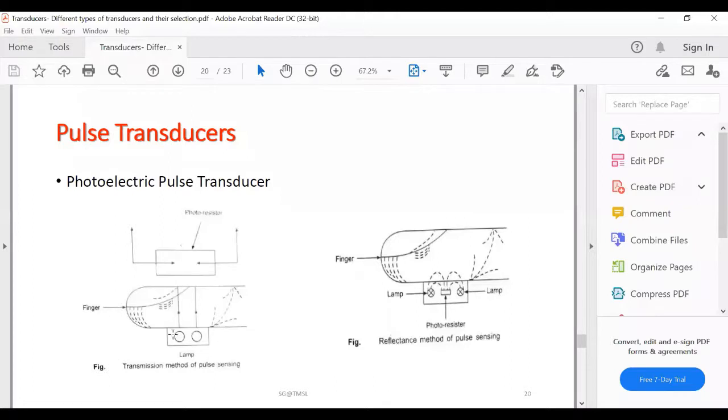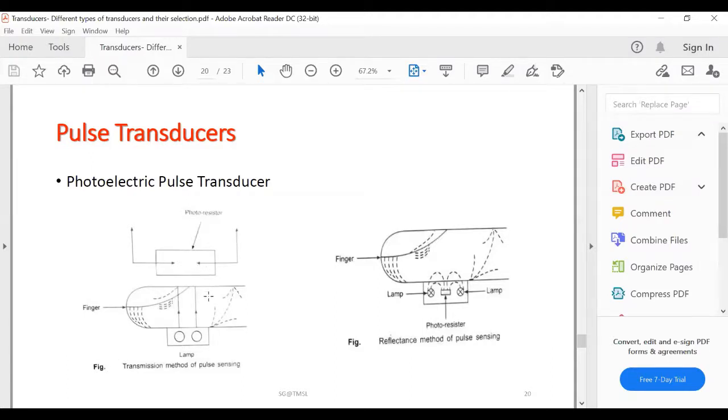Light is transmitted through the fingertip, and the resistance of the photoresistor is determined by the amount of light reaching it. So how does it work?